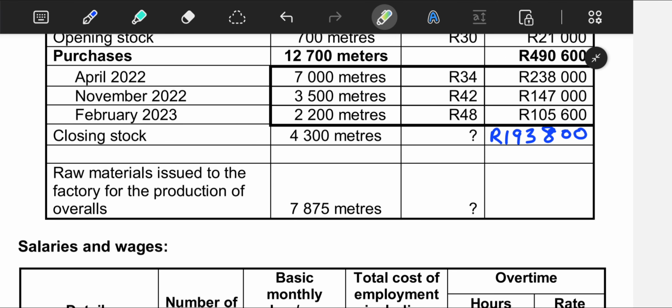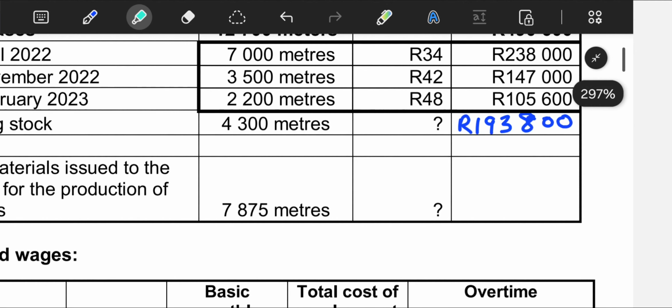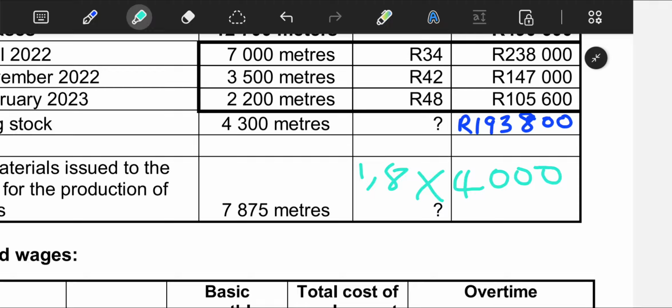Right, so for one overall we use 1.8 meters. So how much did we use for 4,000 overalls? 1.8 multiplied by 4,000.